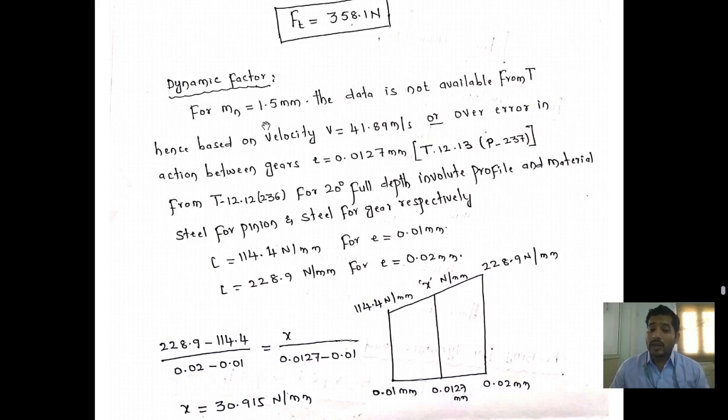The data is not available from the table based on the velocity, how much we got it here? 41.89 meter per second. For that reason, we have to select the error, how much is there? 0.127 mm. You have to refer from table number 12.13, page number 237.